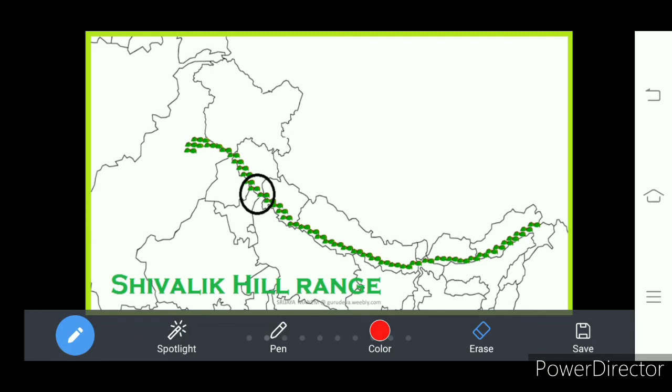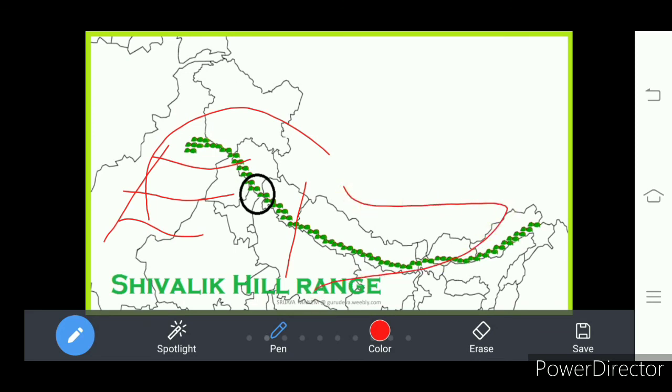And due to the Himalayas, there are river Ganga. Here, look at here, river Ganga, river Indus, and its tributaries, then river Brahmaputra.